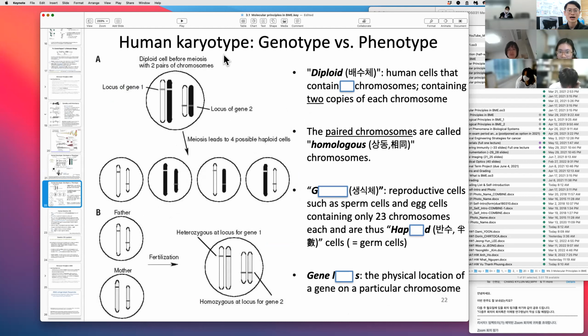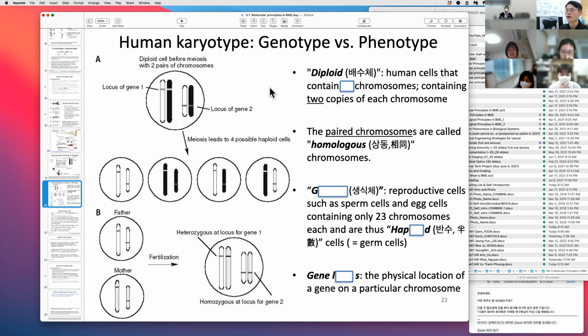So we know that a gene is really about location. So we call a locus of gene number 1 and locus of gene number 2. And when there is a genetic trait passed down to the next generation, especially in terms of sex cells, they will undergo meiosis, leading to 4 possible haploid cells.